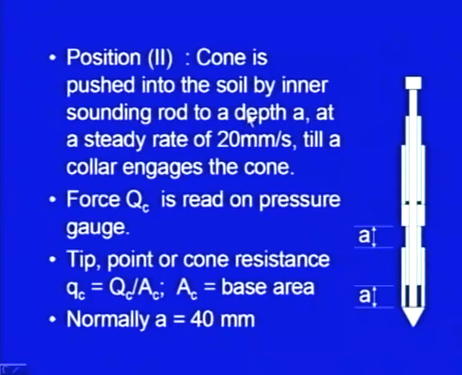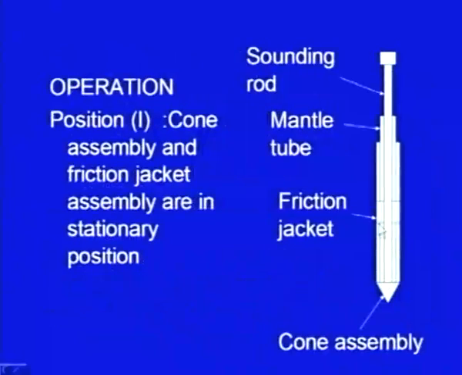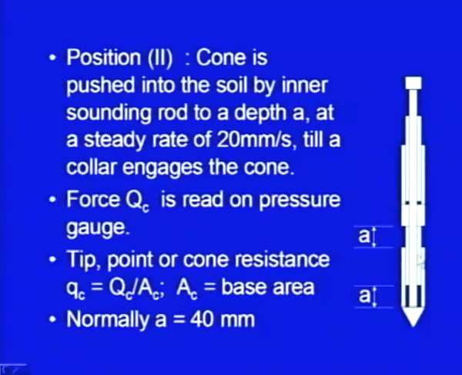In the second step, the cone is pushed into the soil. This is the inner sounding rod. Using this inner sounding rod, this cone is pushed into the soil. You can see now this entire assembly was here. Let me show it again. Here in this case it was here, and now it has been pushed using this rod by a distance a, at a standard specified rate of 20 millimeter per second.